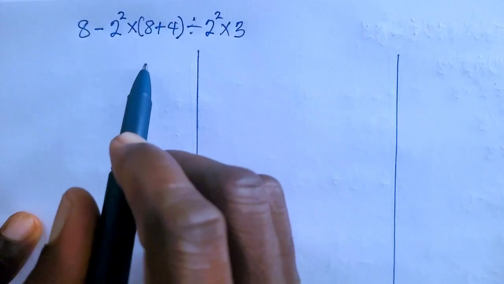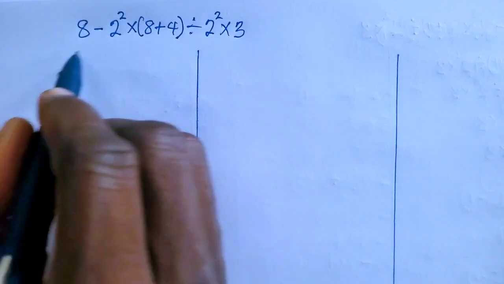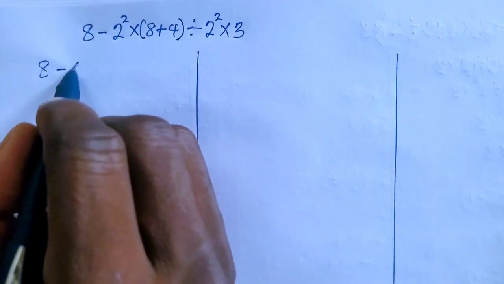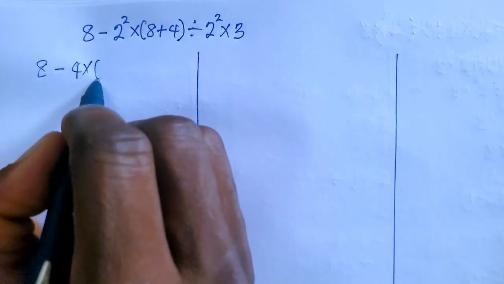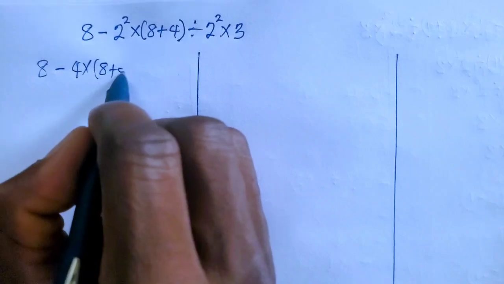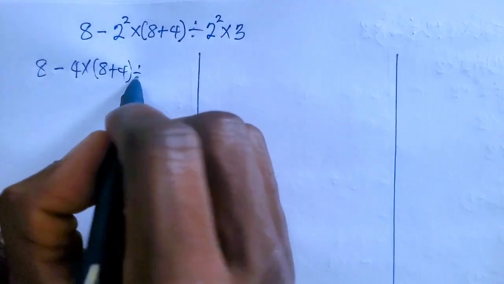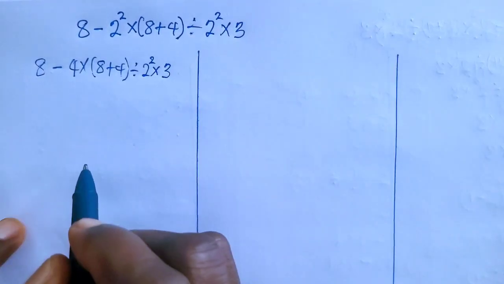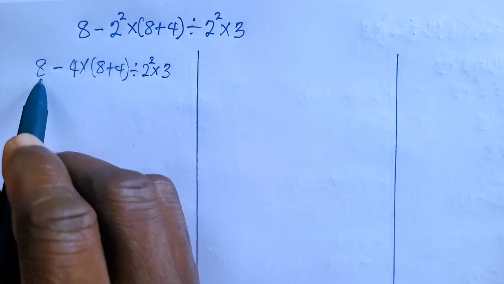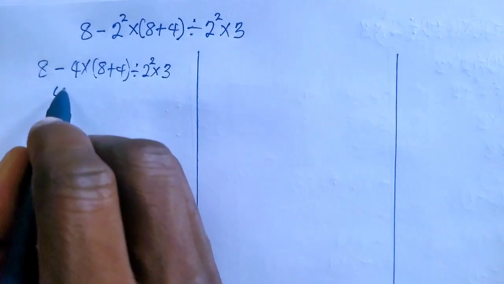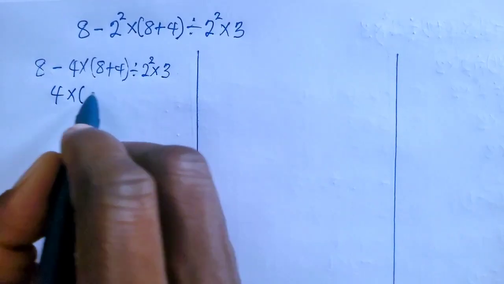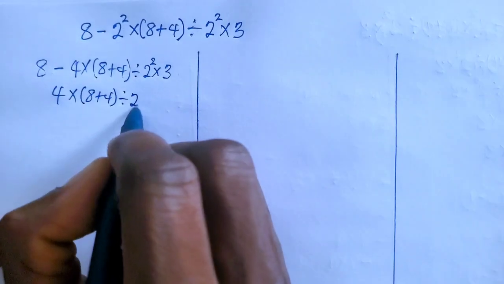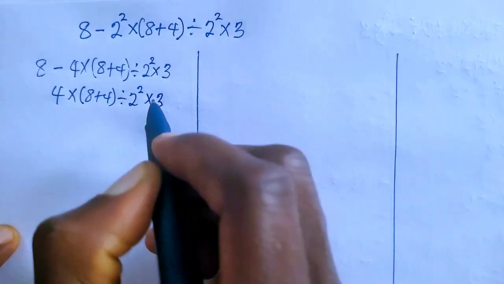Now, many students see this question as 8 minus 2 to the power of 2, that gives 4, multiplied by 8 plus 4 divided by 2 to the power of 2 multiplied by 3.